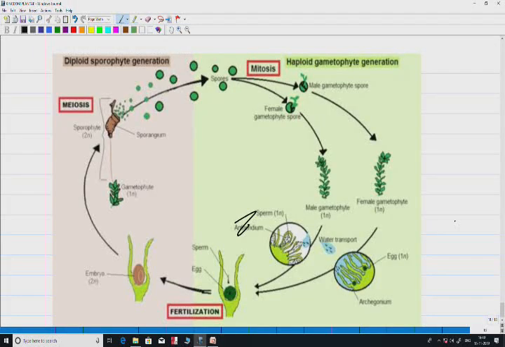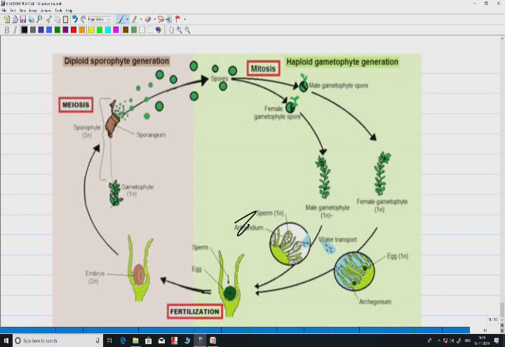Okay, now it is clearly visible to everybody. Bryophytes have two types of branches, one called male branch, one called female branch. On the male branch, the male sex organ will develop. On the female branch, the female sex organ will develop.